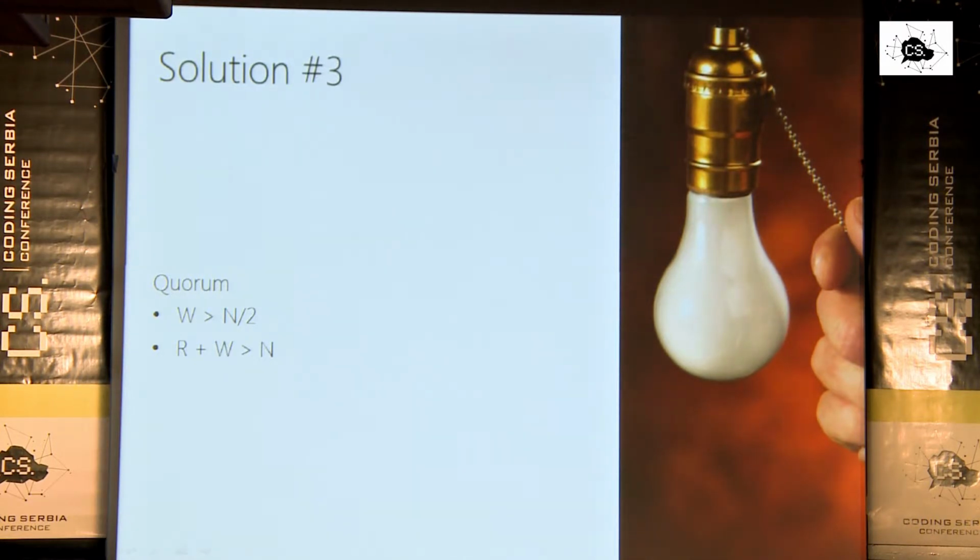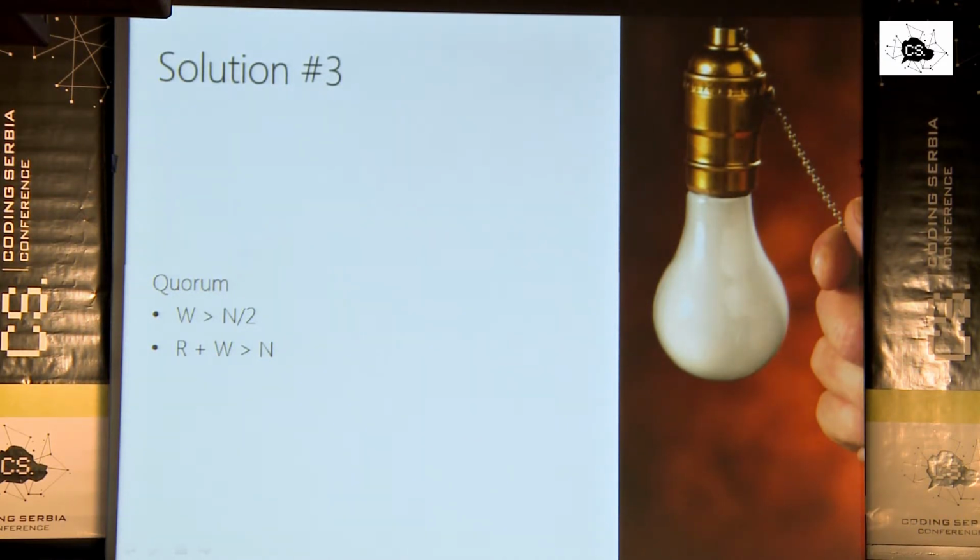It's the N. N is the number of nodes involved in making the decisions. It's the W. W is the number of writes you want to have confirmed that they succeeded before you consider a write action to be successful. And R is the equivalent on the read side. R is the number of reads which give you the same result before you accept this read as successful. That's basically the three things.